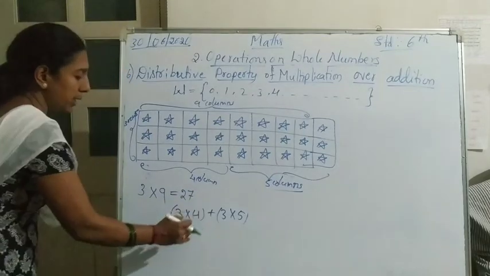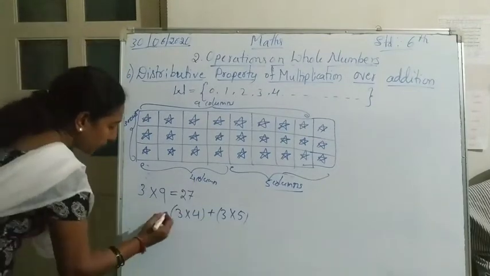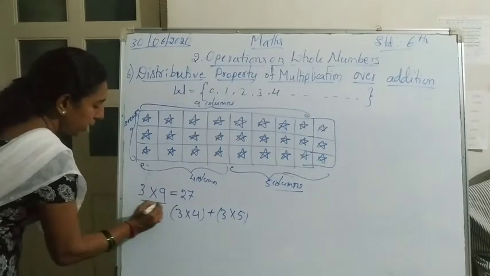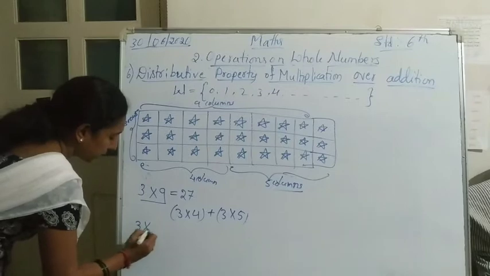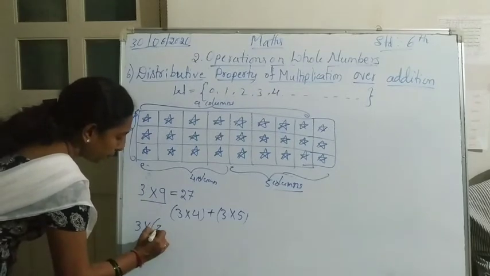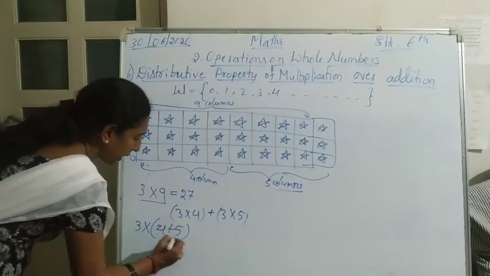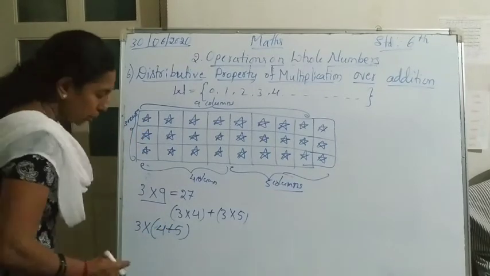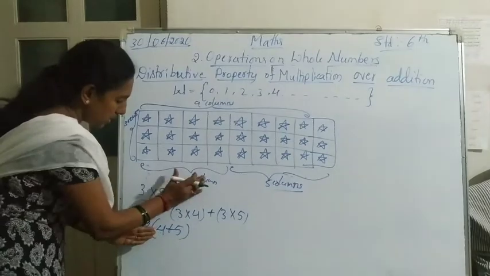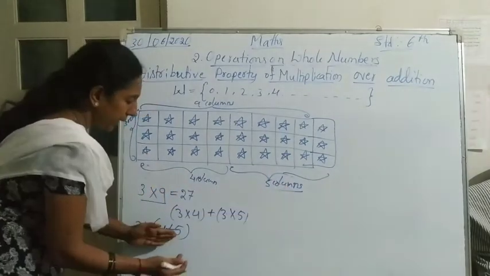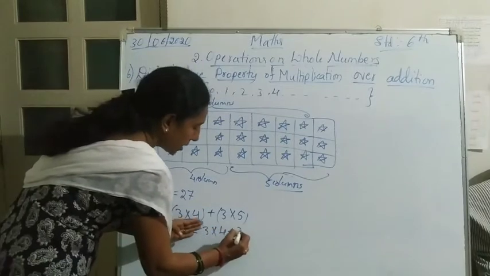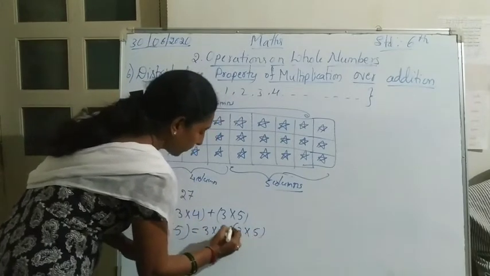So this one only, can I write like this? This one only we will write in one more way. That is 3 into 9. Instead of writing like that, I can write 3 into 4 plus 5. So that is 4 parts and then 5 parts I divided. What I got here? 3 into 4 plus 3 into 5.